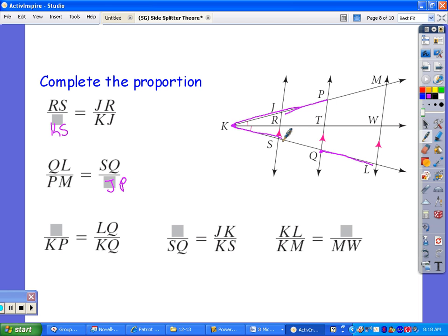So if we look, we have our triangle and our parallel sides, so we have to figure out what part we are missing on this proportion, and the part that corresponds to LQ. So if we look on the other side, the part that corresponds to LQ is PM. So we're going to write P to M. And if you write MP, that's fine as well. The order does not matter, just the segment does.